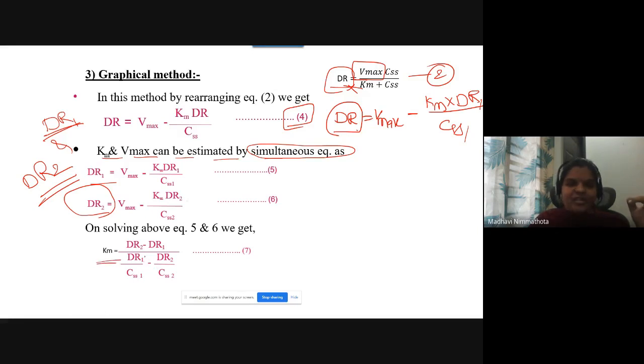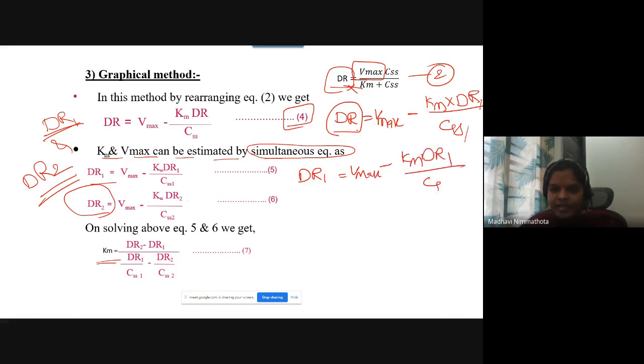See, how are you going to solve this? DR1 is Vmax minus Km DR1 divided by CSS1, and DR2 is Vmax minus Km DR2 divided by CSS2.